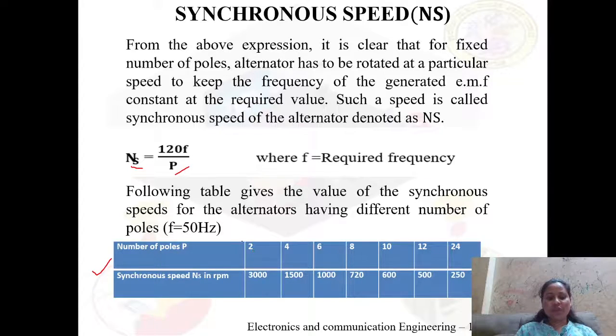Suppose we use an alternator having the number of poles as 2, then they run with a speed of 3000 rpm, and if the number of poles is 4, they run with a speed of 1500 rpm. If the number of poles is 6, they run with a speed of 1000 rpm. If the number of poles is 8, then 720 rpm. If it is 10, then 600 rpm, and so on.